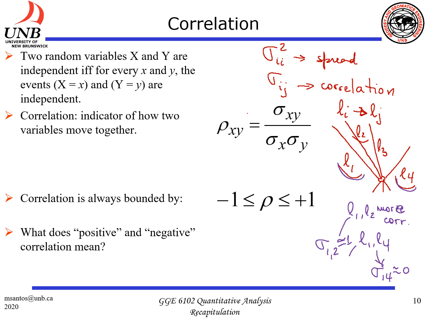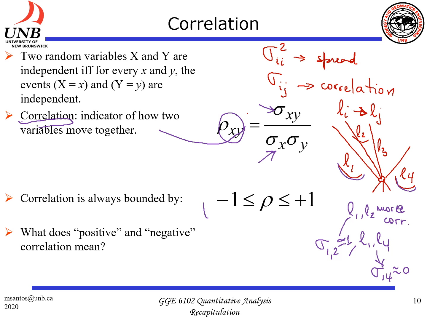So from these characteristics of the covariances, we can compute the correlation. Correlation will be the ratio between the covariance and the product of the standard deviations.